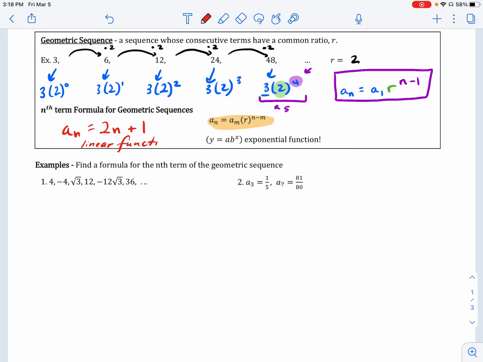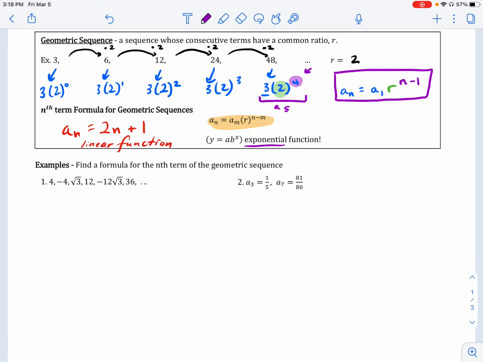If we were to graph these terms, it would form a line. Well, what about for a geometric sequence then? What are we seeing here? We're seeing that this would clearly be an exponential function, right? We're taking some ratio and we're raising it to some power. And so we're going to experience exponential growth.